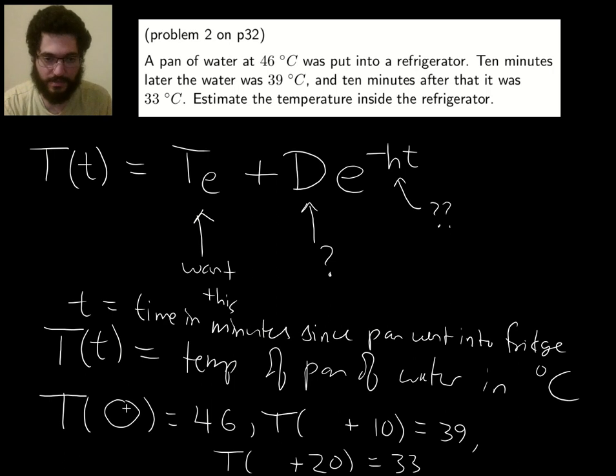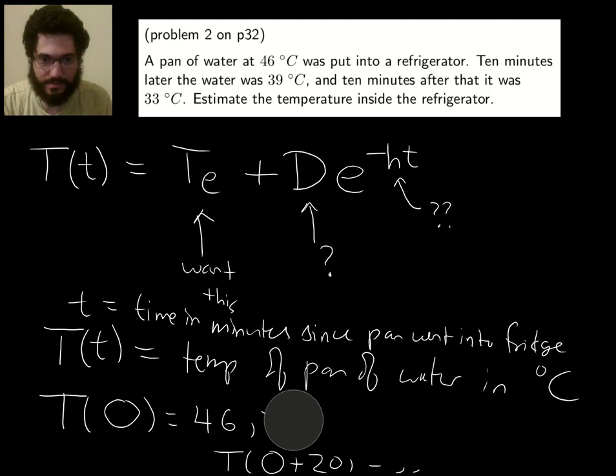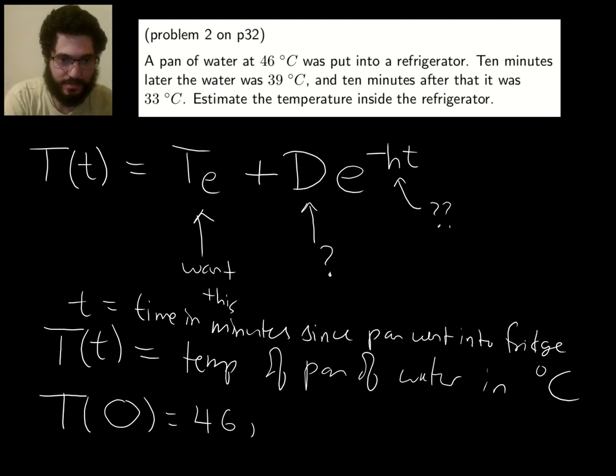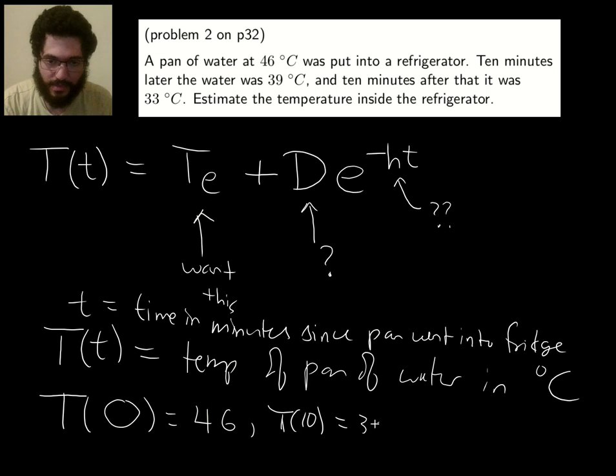And here we've got 46 at 0 minutes, so the instant it goes into the fridge, we're told 46. So let me organize that better. 10 minutes later after 0, we have 39, and 20 minutes after 0, 10 minutes after the 10, we have 33.